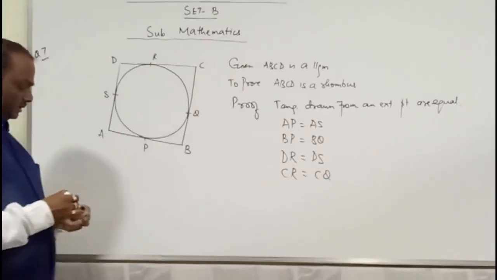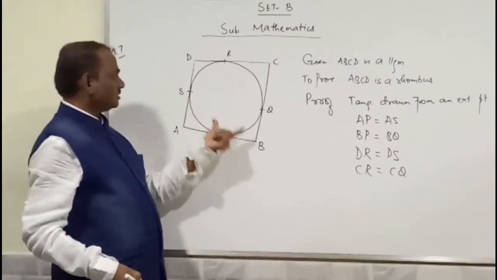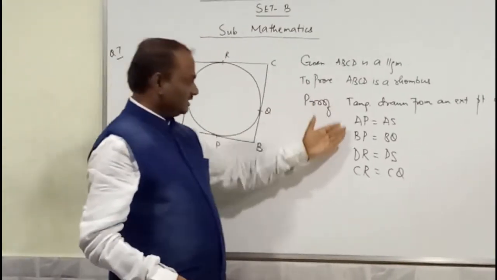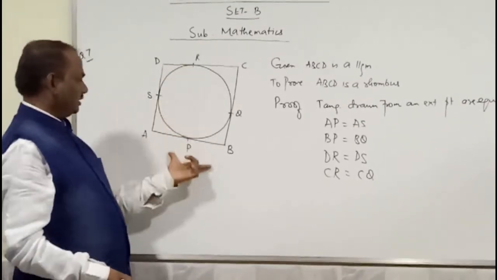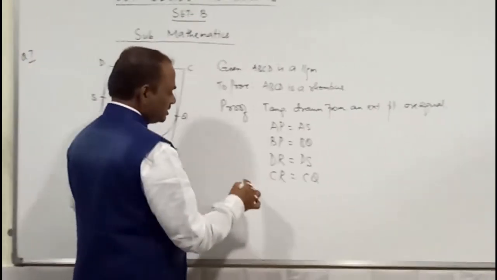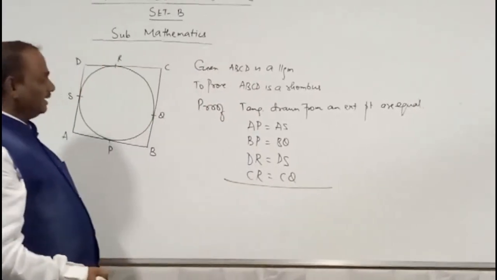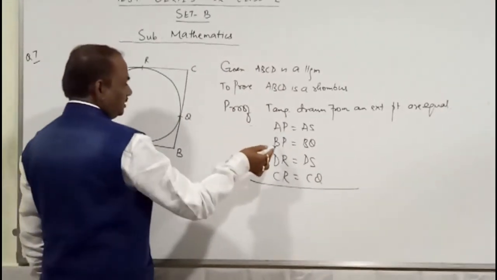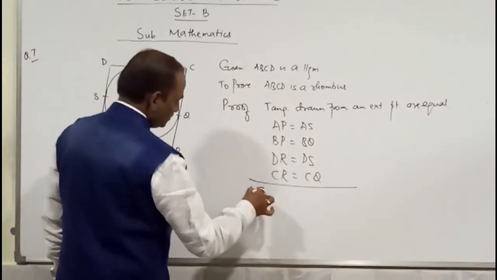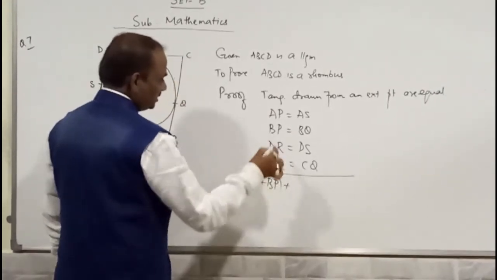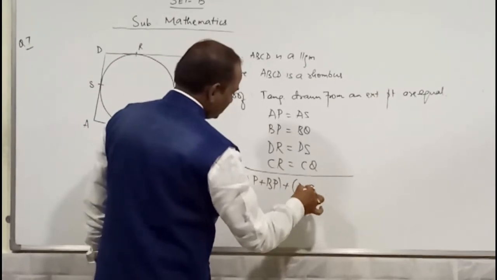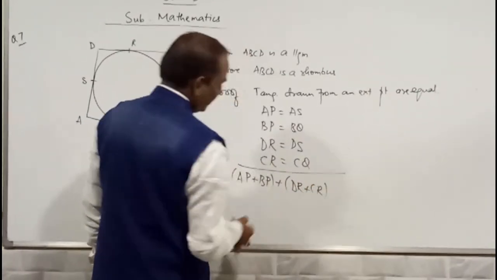Now why am I putting the parts of this side on the left hand side? Because I told you we need to bring this side and this side together. Now if I add these all, I get AP plus BP, which I can put in one bracket, plus DR plus CR, which I can put in another bracket.